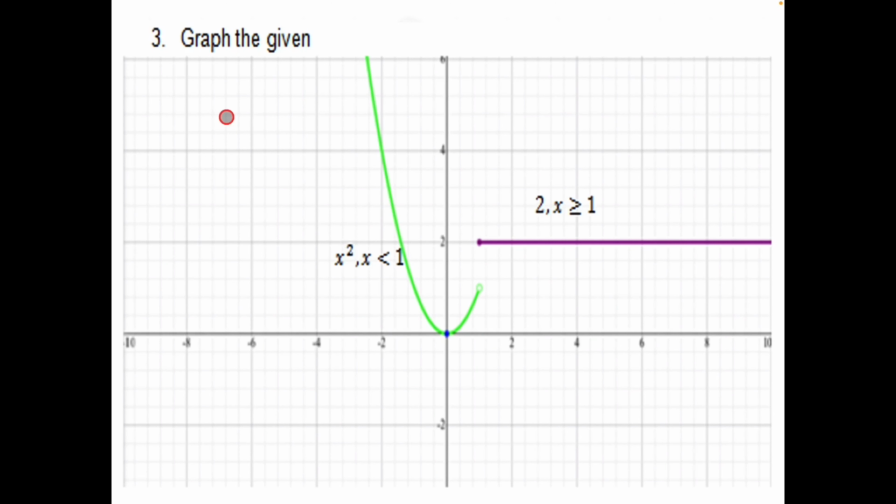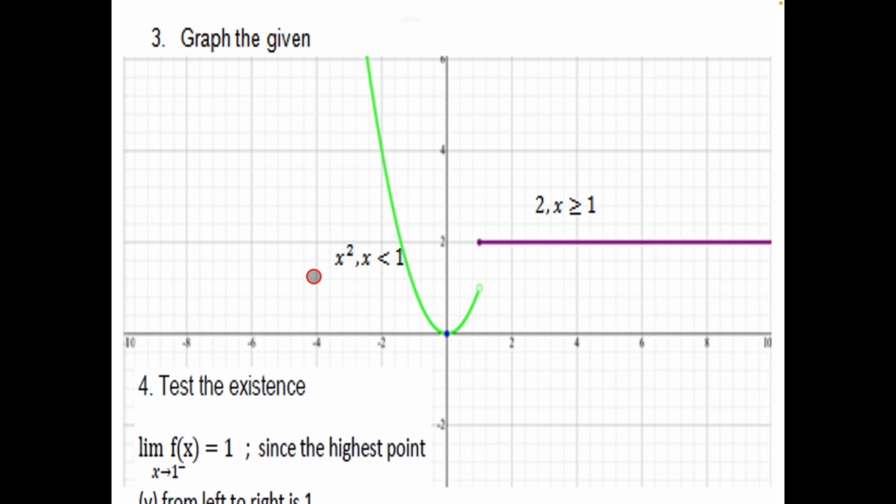Yung kanina sa table natin, meron tayong 1, 1. Then we have here 0 and 0 and negative 1 and positive 1. So kung i-graph mo, papunta siya dyan, paakyat. So, ito yung graph ng x squared.